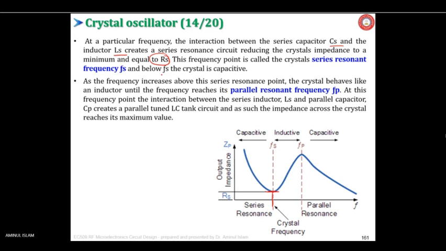And below FS, the crystal behaves like a capacitor only. As the frequency increases above this series resonant frequency, the crystal behaves like an inductor. From here to here, it acts as an inductor mostly.